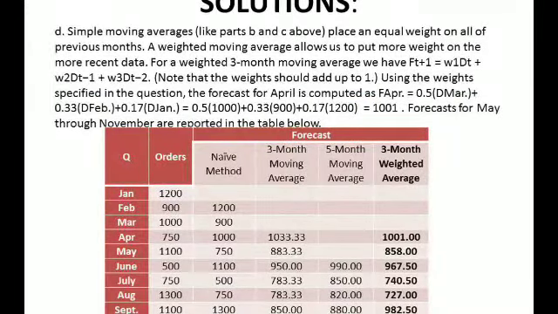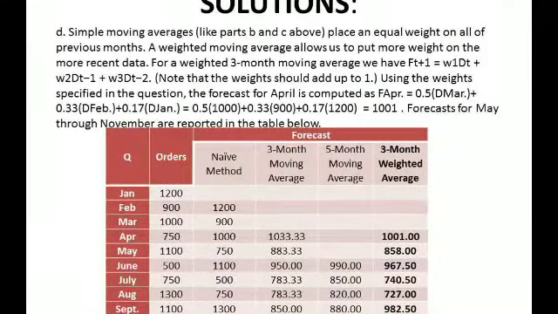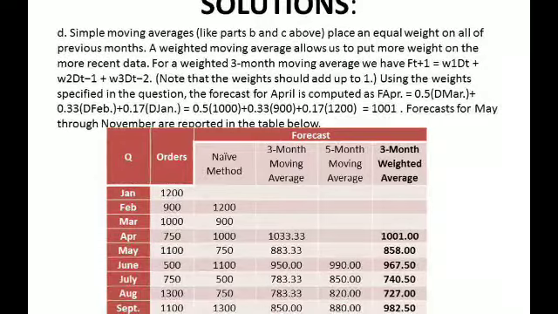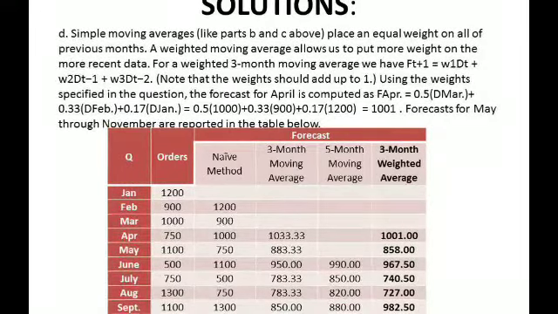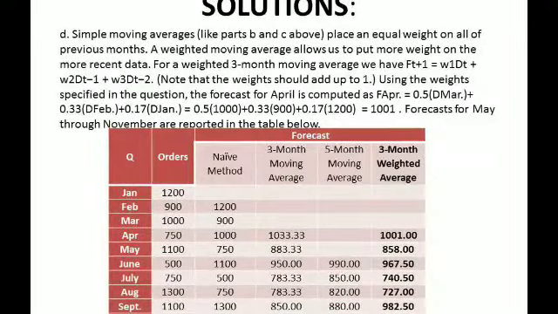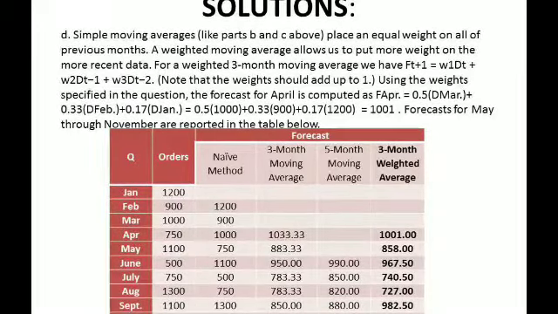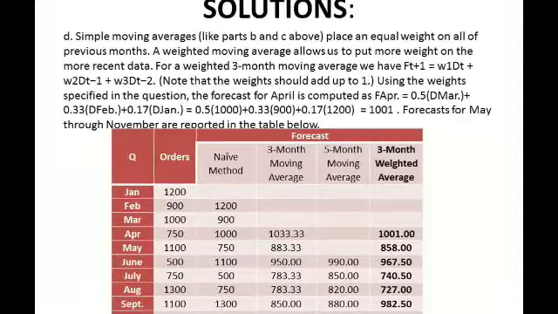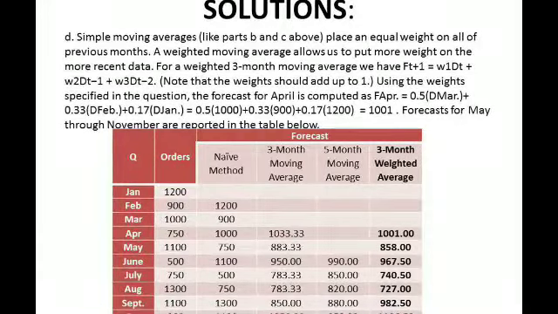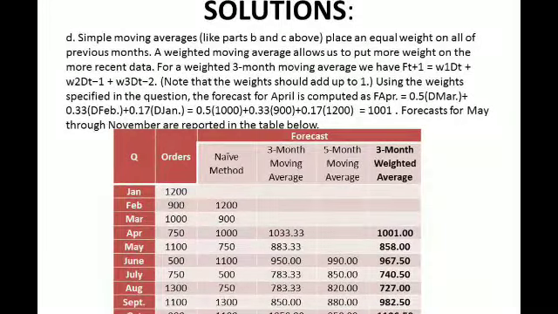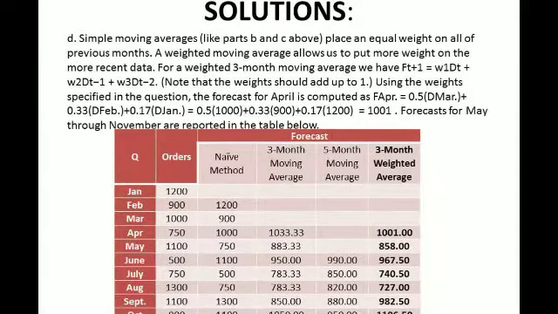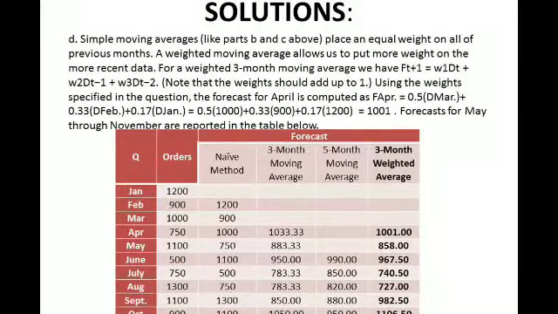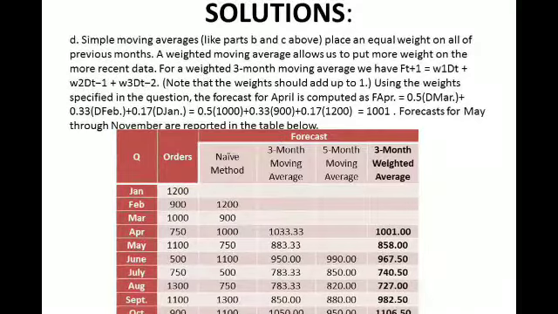D. The simple moving averages like parts B and C above place an equal weight on all of the previous months. A weighted moving average allows us to put more weight on the more recent data. For a weighted 3-month moving average, note that the weights should add up to 1.